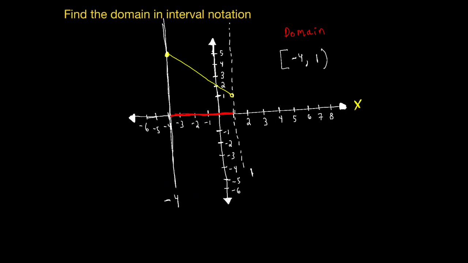So the domain of this graph is -4, 1, and using interval notation, I use a bracket to close the -4, and I use a parenthesis to close the +1. Let's try another problem out.